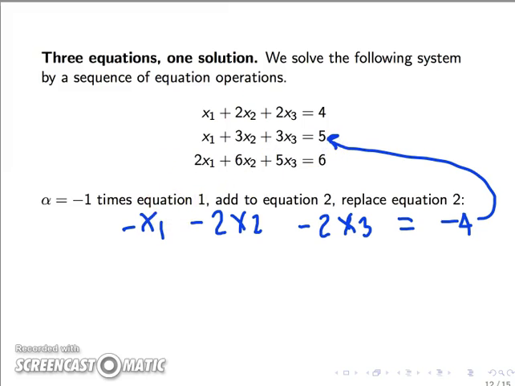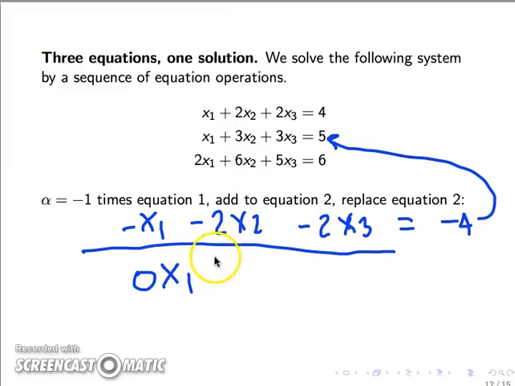And so we add every term: 1x1 plus minus x1 gives us 0x1. 3x2 minus 2x2 gives us 1x2, and 3x3 minus 2x3 gives us 1x3.